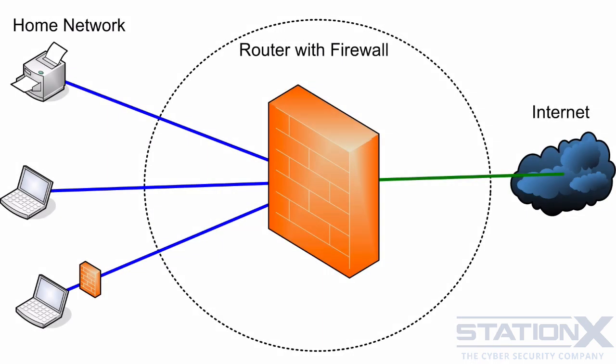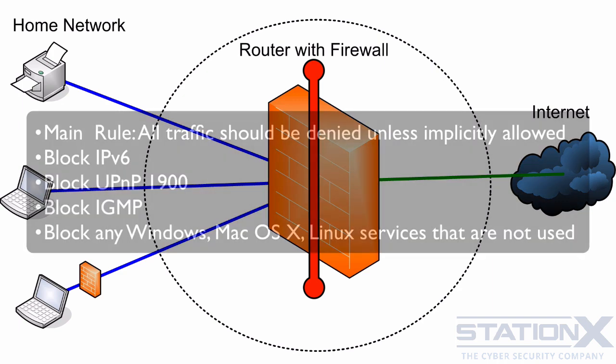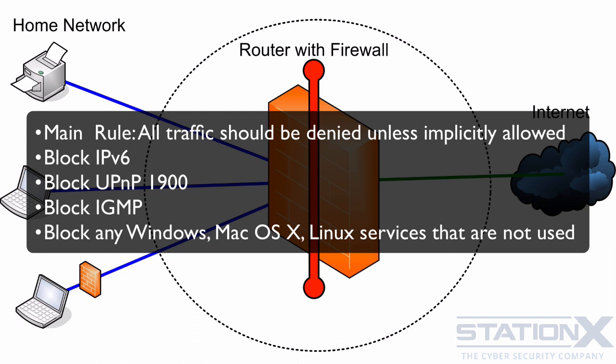So what are the general firewall rules that you would want to have on a firewall, whether it be a host-based or a network-based firewall? The main rule is this: all network traffic should be denied unless explicitly allowed. That's your first and main rule. And if you're looking for some specific things to block, then you would want to block IPv6 if you are not using it.